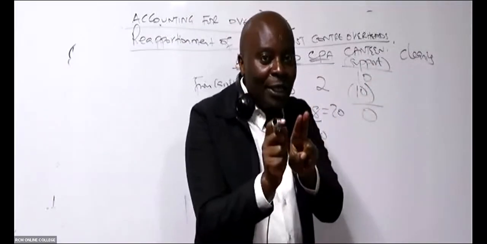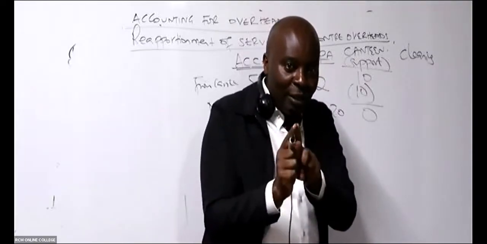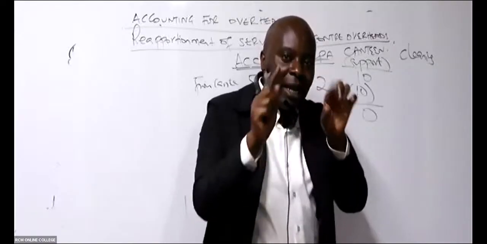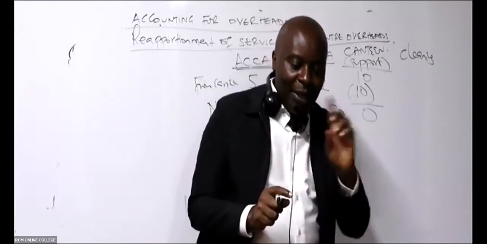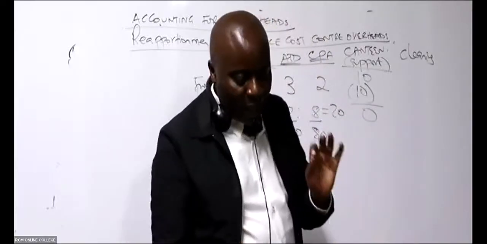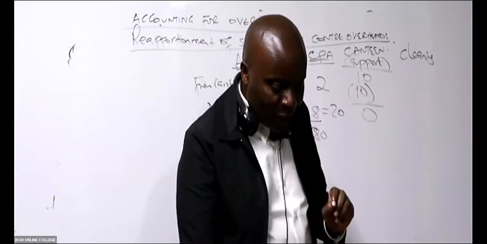So you can see these service departments are interconnected. They are serving each other. Whenever they serve each other like that, we call that inter-services. Each is reciprocating the kindness of the other. And that is what we're going to be looking at today.